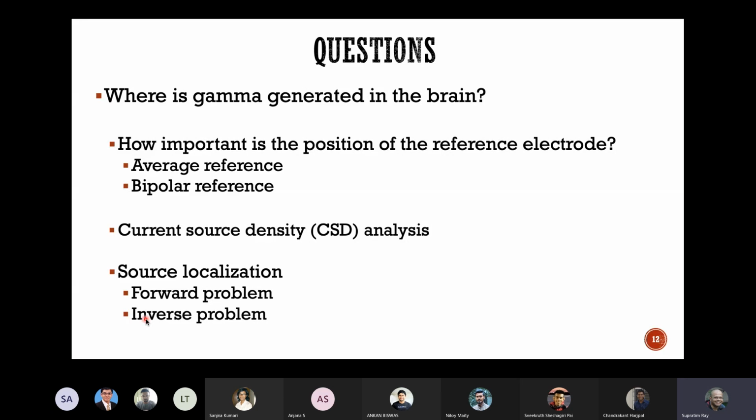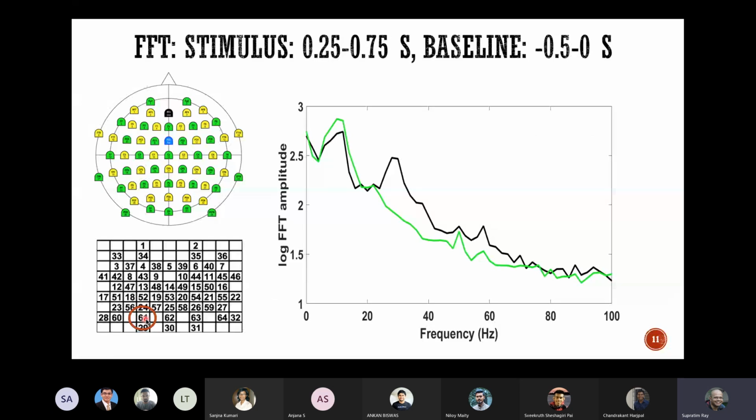So this brings us to a few questions that we are going to spend a lot of time on. I see that gamma is being generated, which is leading to this peak here, but where is it generated? Gamma is recorded at quite a lot of electrodes.